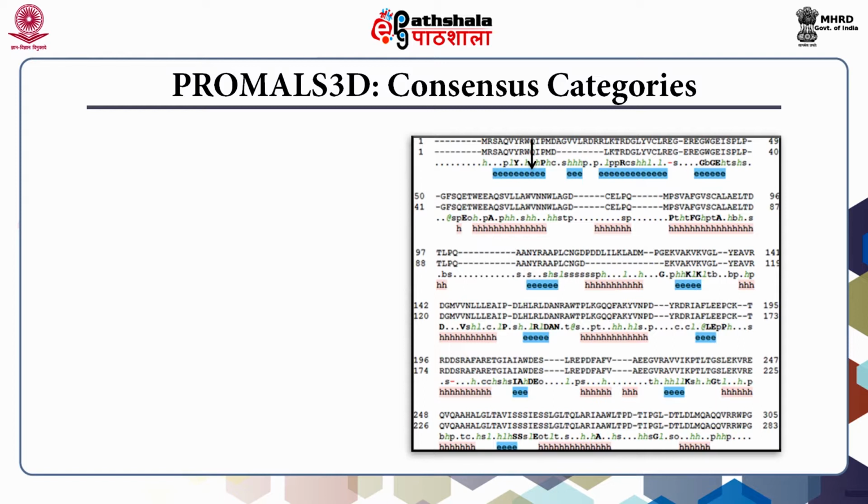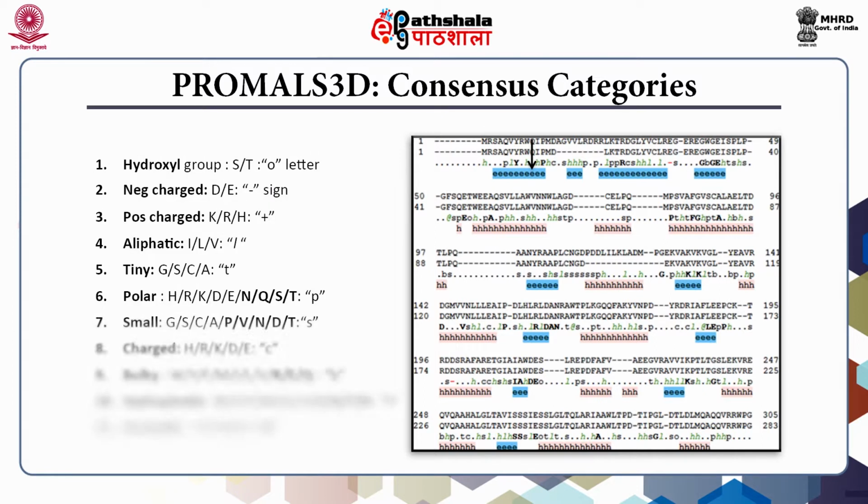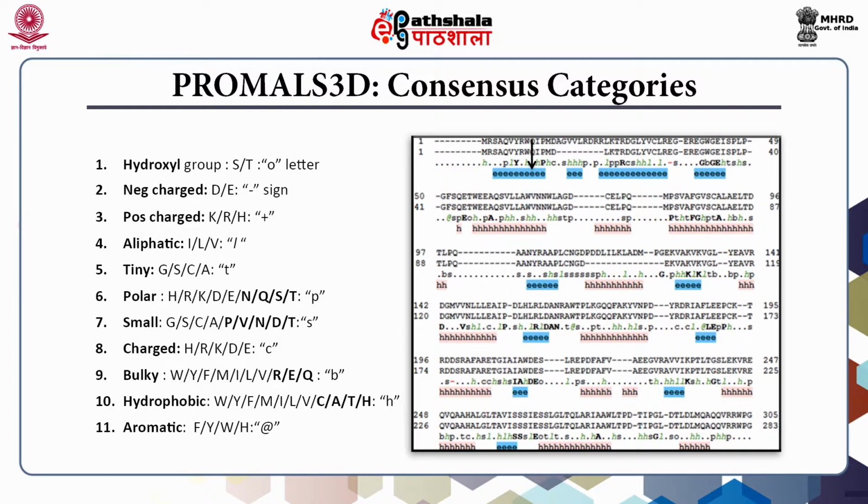The non-identical consensus amino acid positions are categorized under 11 categories by Prommel's 3D and displayed using separate symbols. The presence of a hydroxyl group containing serine or threonine is indicated by a lowercase o. The negatively charged residues aspartate and glutamate are indicated by a minus sign, and positively charged residues lysine, arginine or histidine by a plus sign.